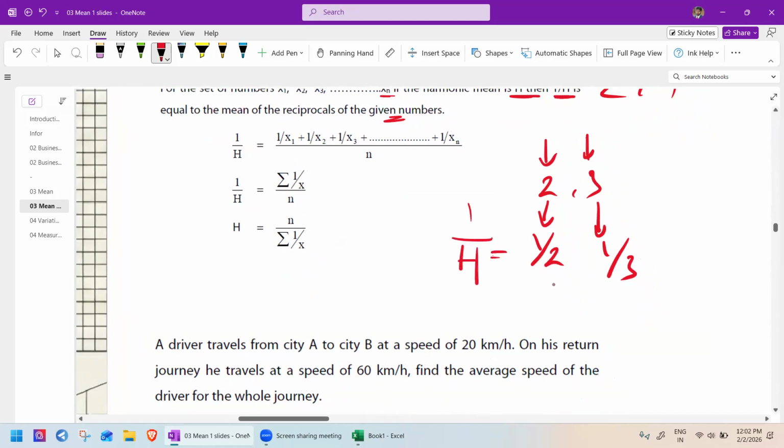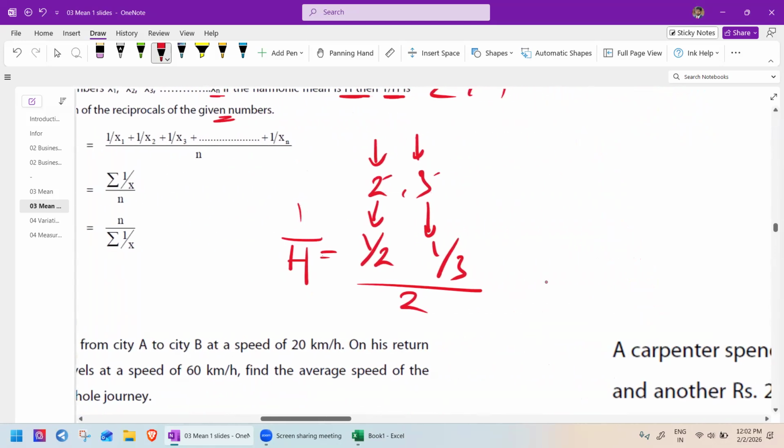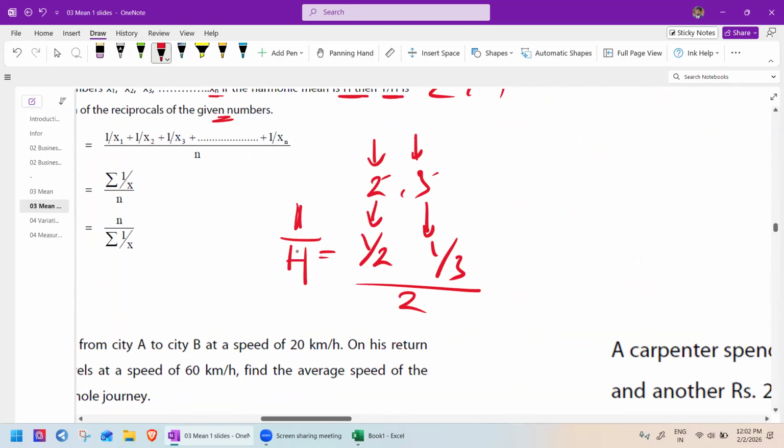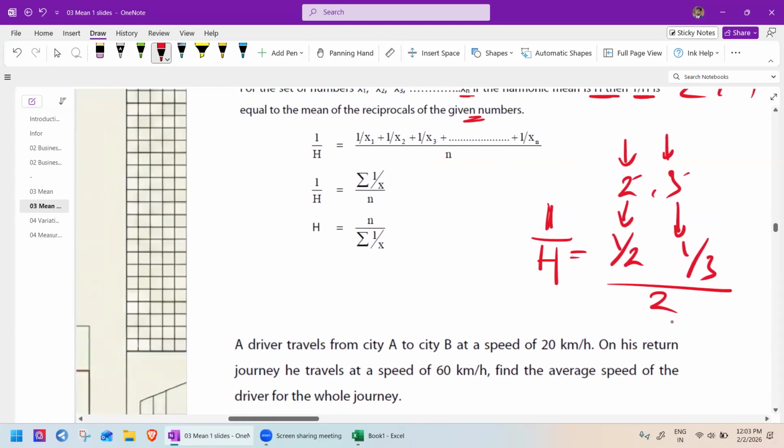How many observations? There are 2 observations. So this is 1 over h, and h equals 2 over (1 over 2 plus 1 over 3). That way we get h, the harmonic mean. This is the formula.